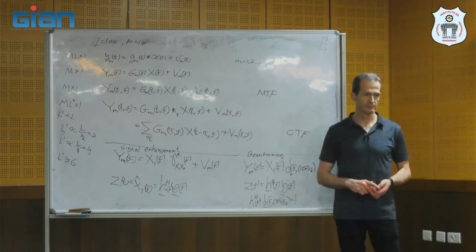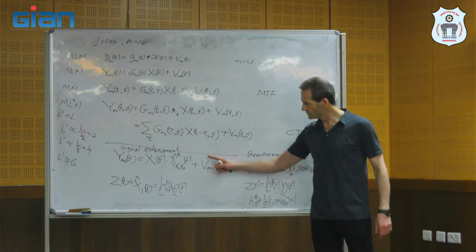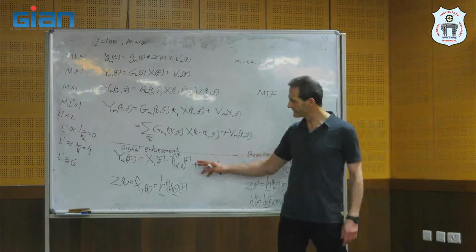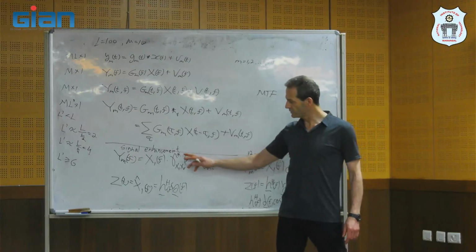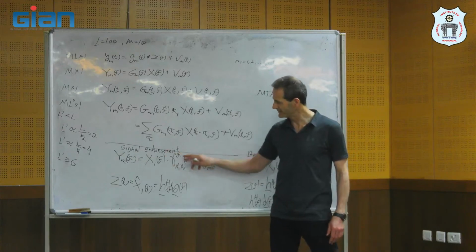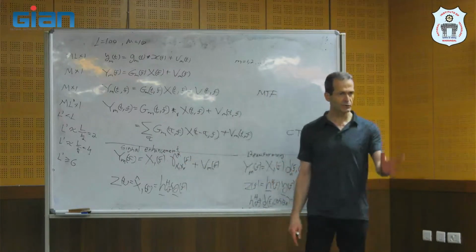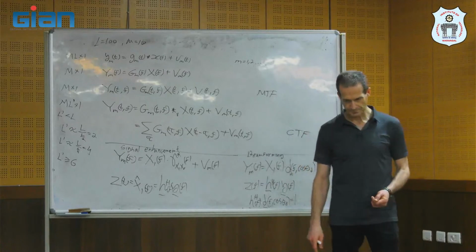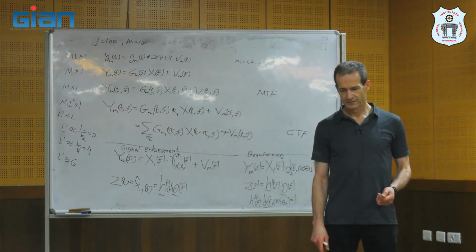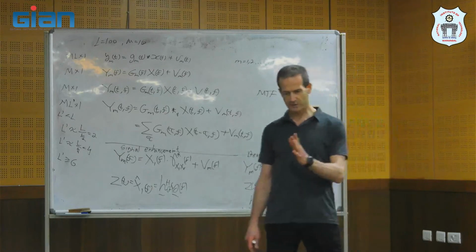Diffuse noise. Here, we can reduce noise at least if its relative transfer function, if the correlation is different than the correlations in X1. I'll give you an example. Suppose that you have a desired source.